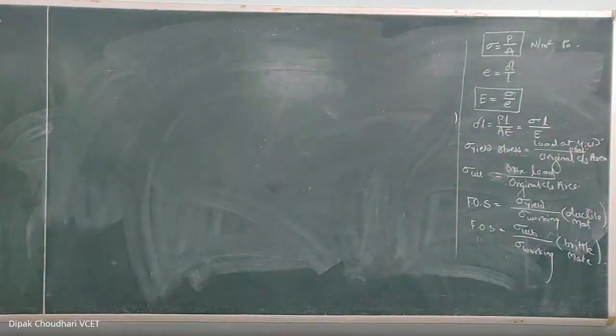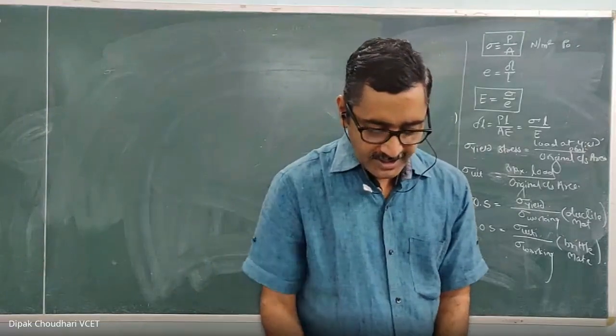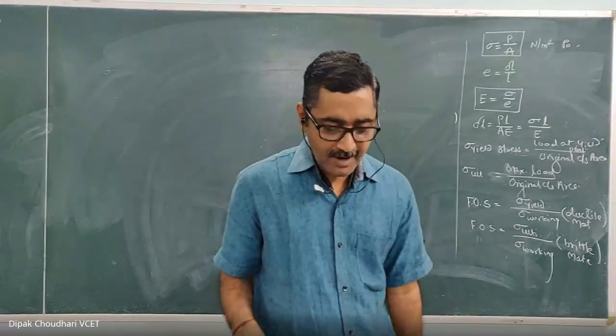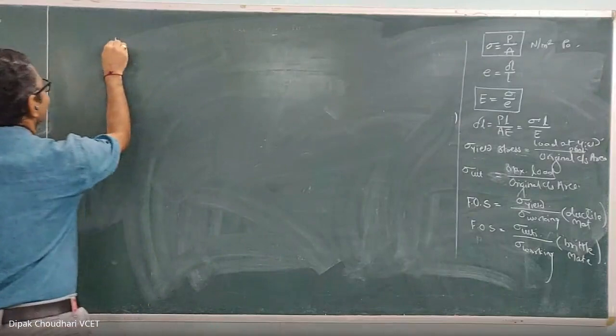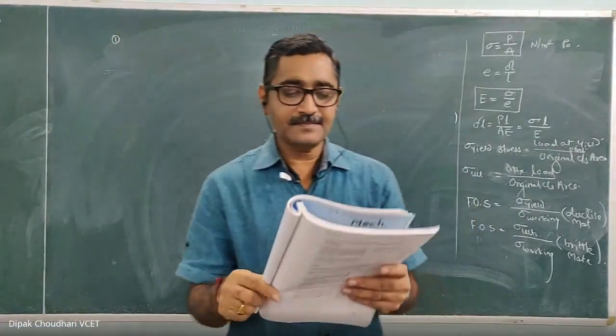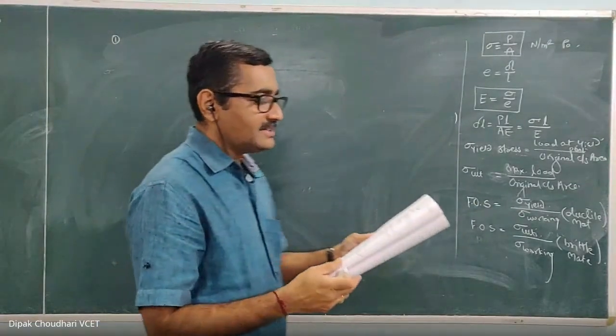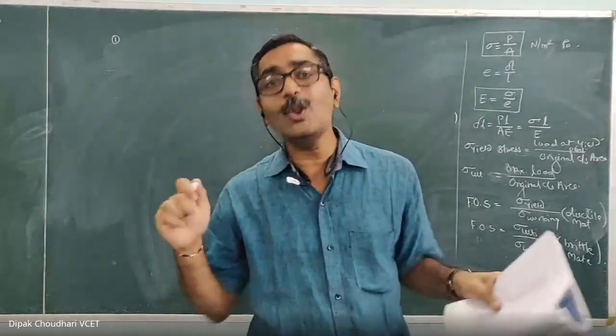Okay, refer to the question given to you. In the PDF which I sent to you, on page number 4, sum number 1. It is given that a rod 200 centimeter long, of diameter 3 centimeter, is subjected to an axial pull of 30 kilonewton.